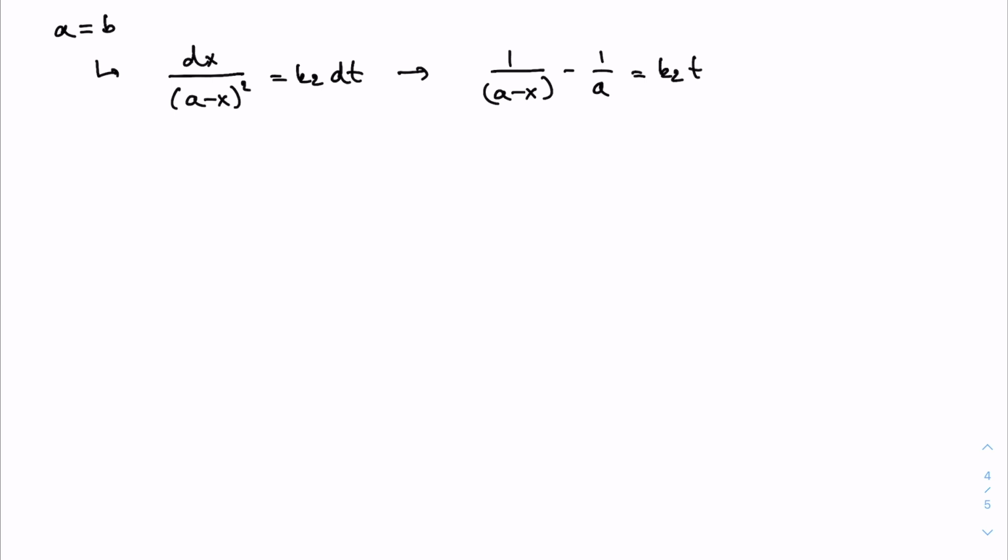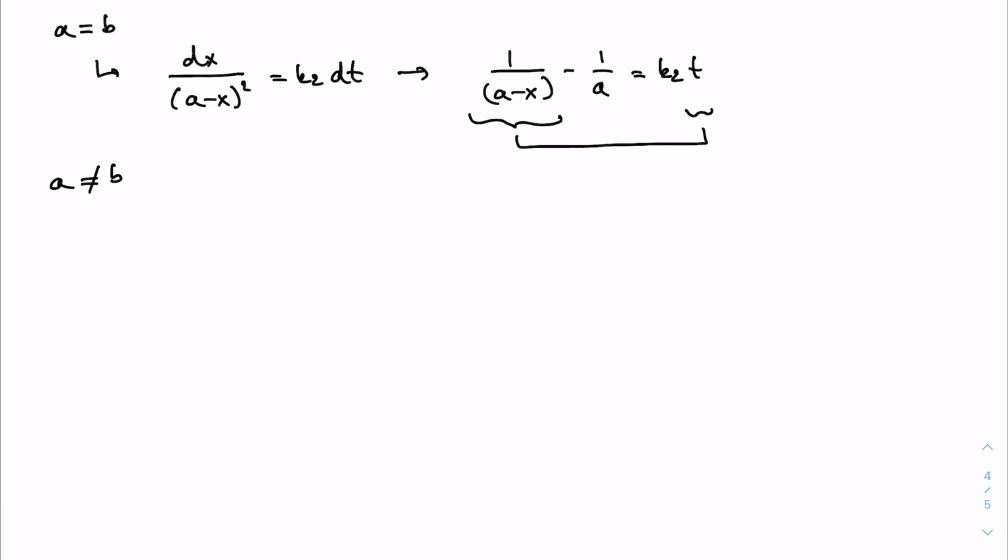Okay, so in this situation, you can see that this term will change linearly with time, right? So that's nice.